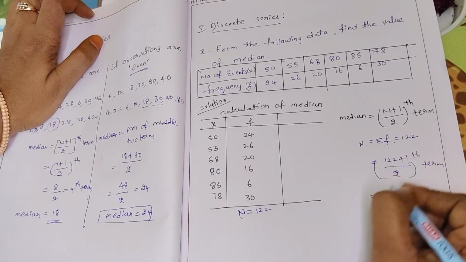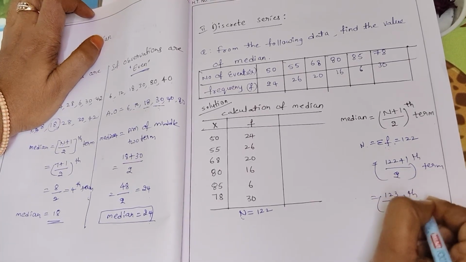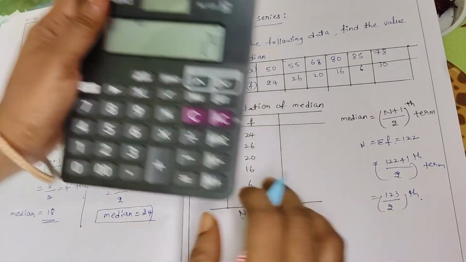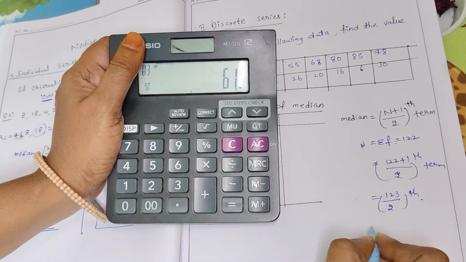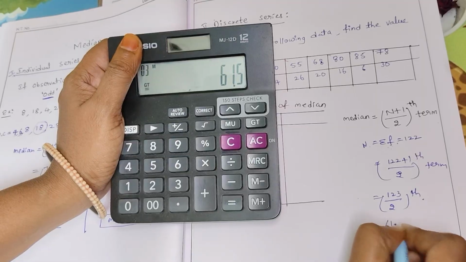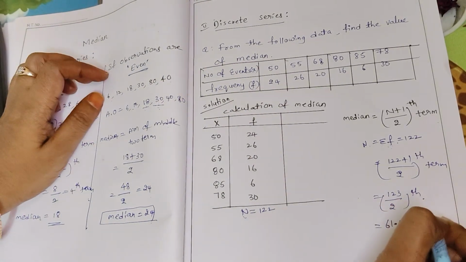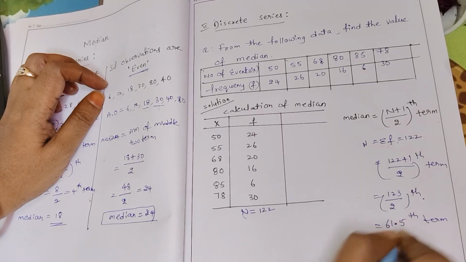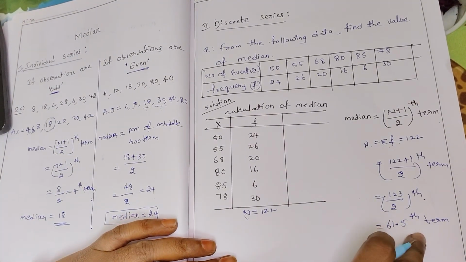So 122 plus 1 is 123, divided by 2, that is 61.5. So the 61.5th term. Where should we look for this 61.5th term?